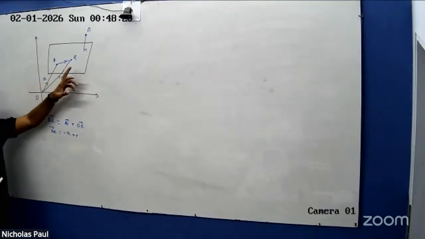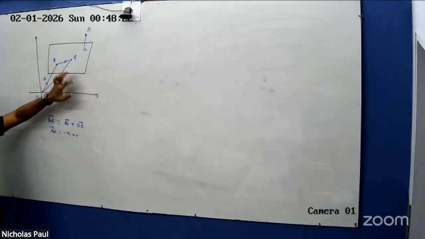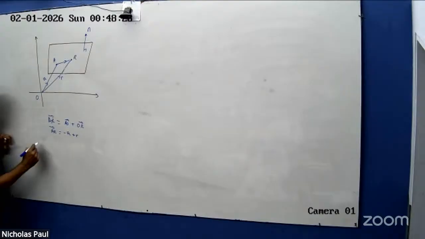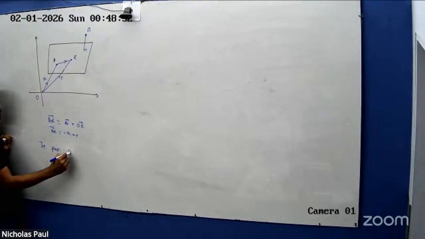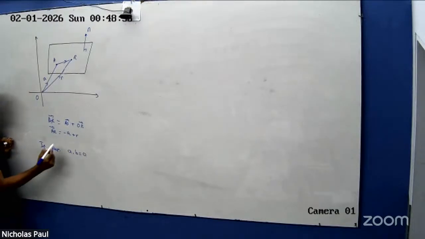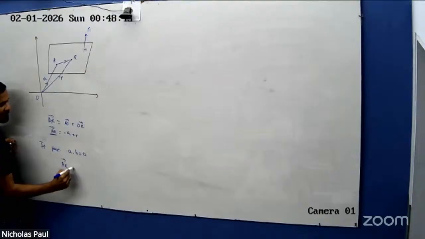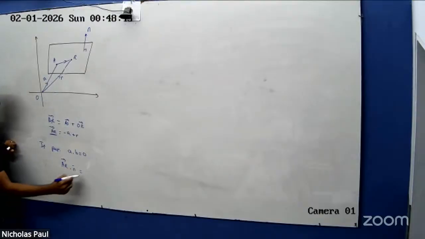Now, what did we say about every vector on this plane and this normal? They are perpendicular, right? And we know that if two vectors are perpendicular, a dot b is 0. So if I multiply AR by n, I'll get 0.